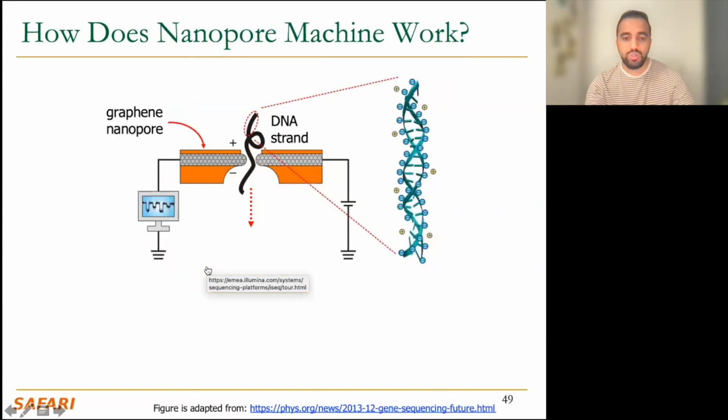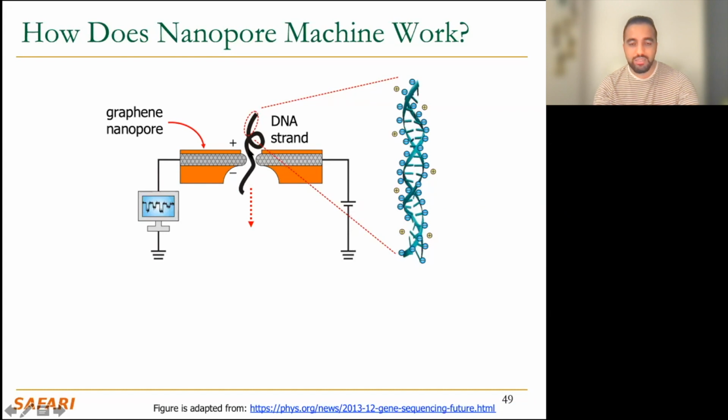The things we were explaining in the previous slide were about Illumina, which produces short reads. Now this is about Oxford Nanopore, which produces very long reads. The technology basically has many nanopores. For example, this is a graphene nanopore, and it's attached to an electrical current source passing through this pore.